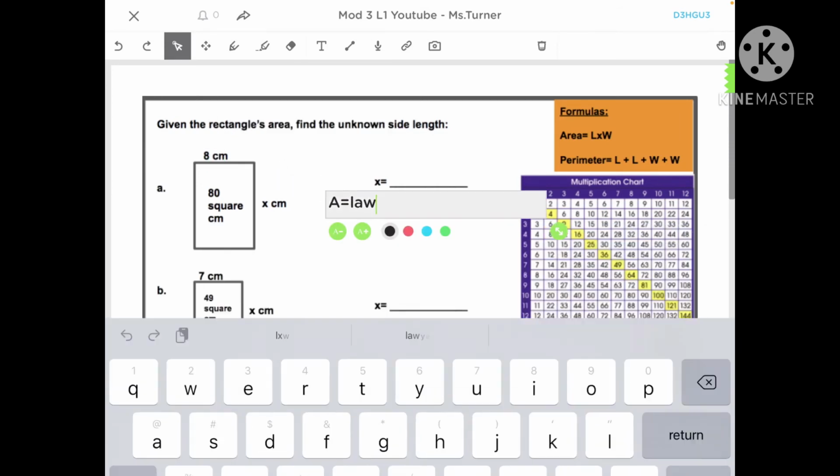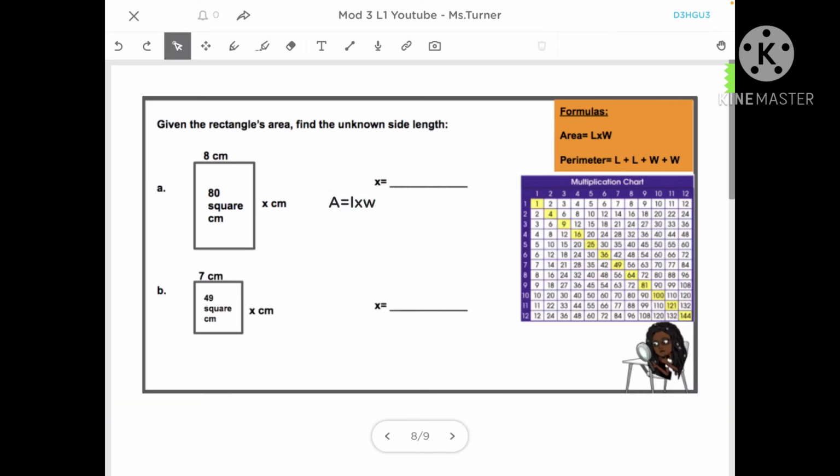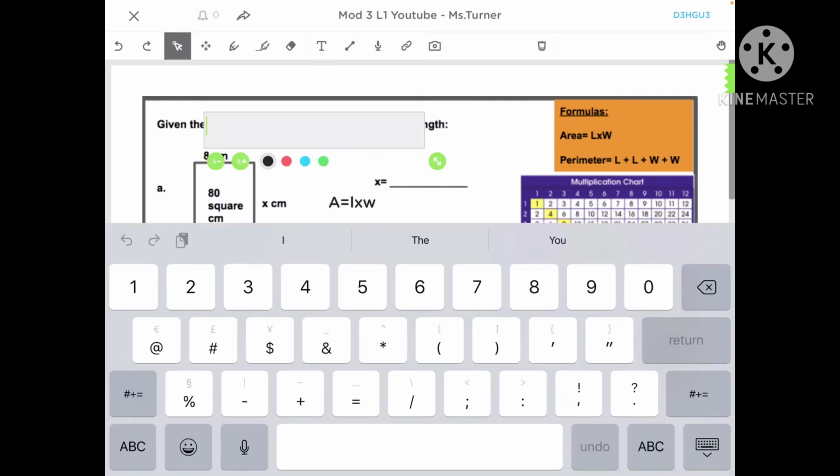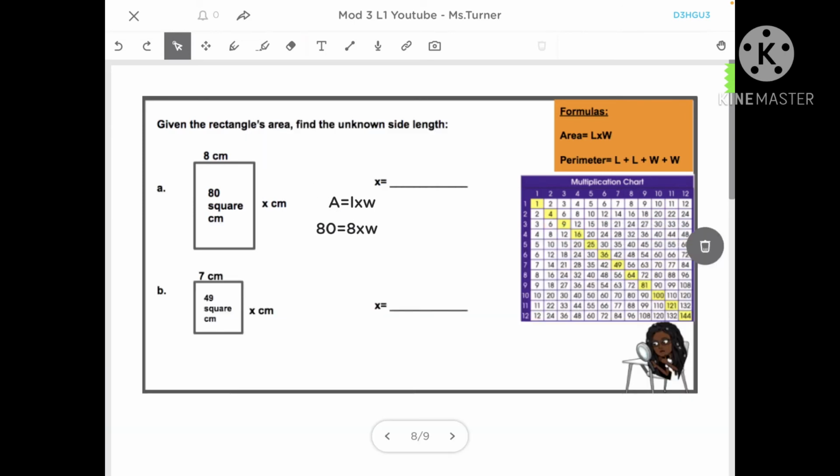But in this case, you guys, I already know what my area is. So I'm going to go ahead and fill in those blanks. 80 equals, what's my length again? Yeah, 8 centimeters. So 8 times W, width.